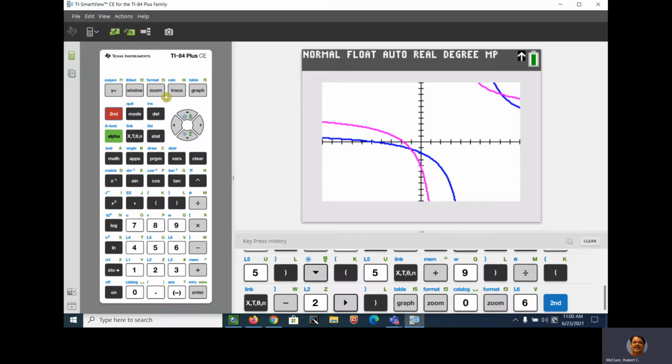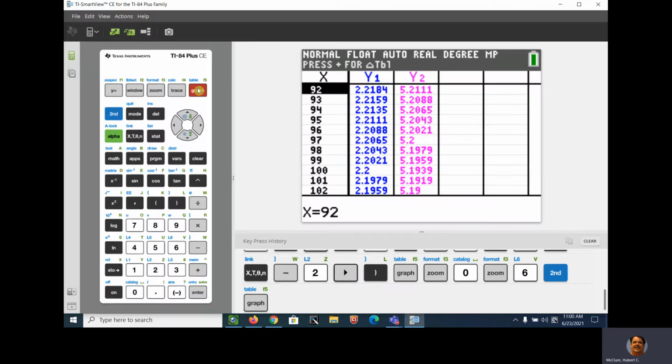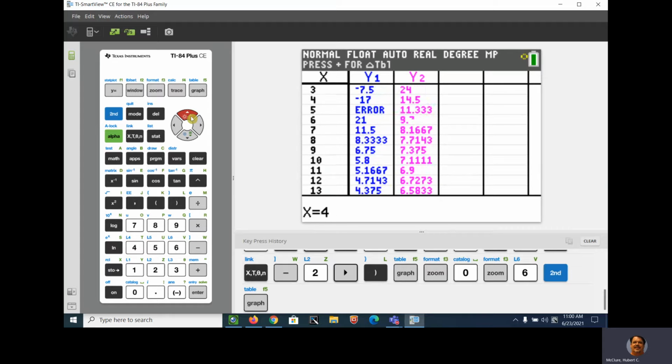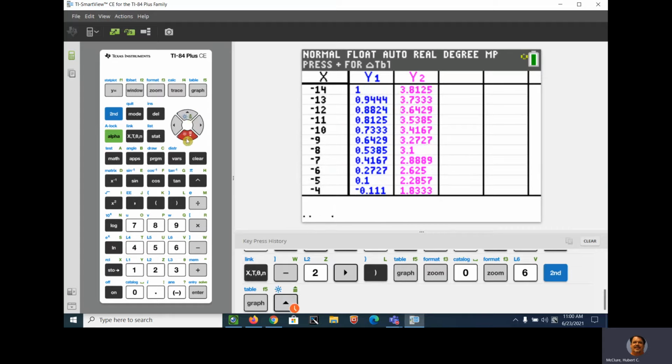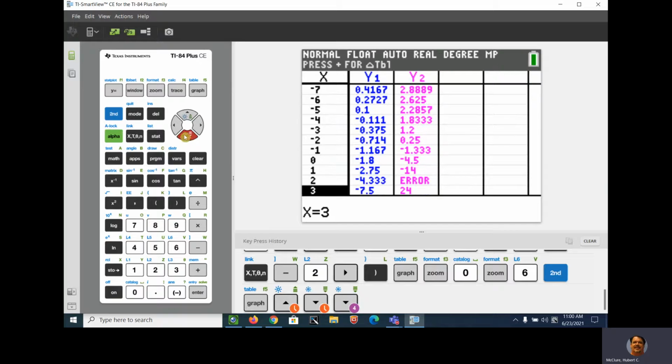Let's go to second table, and let's go to 1.